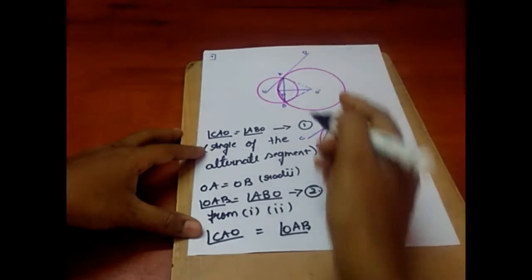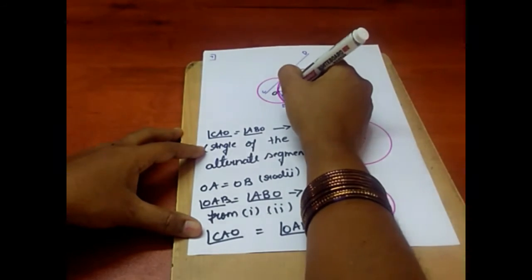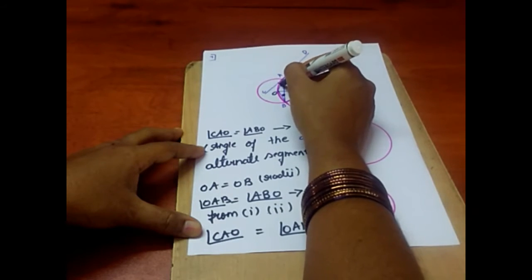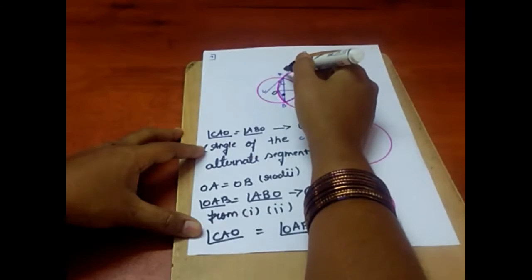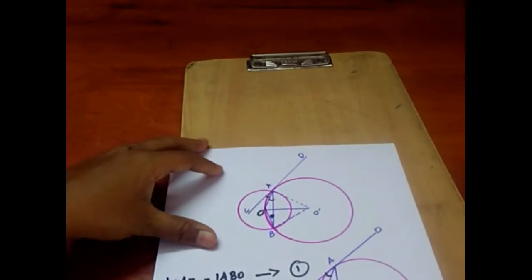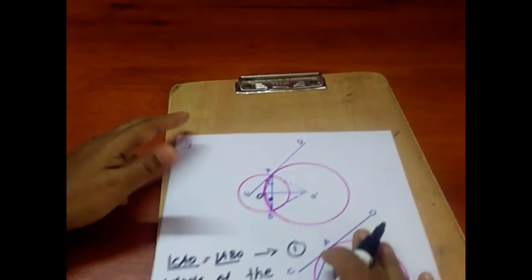When CAO is equal to OAB, these two are equal angles, which means the side OA bisects the angle BAC. Just observe the diagram very carefully.